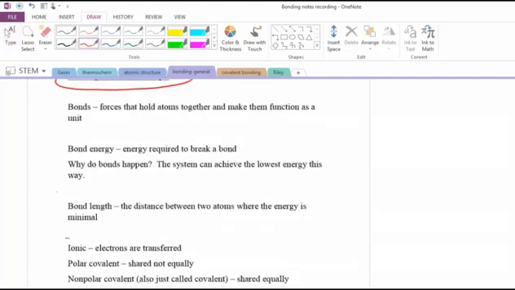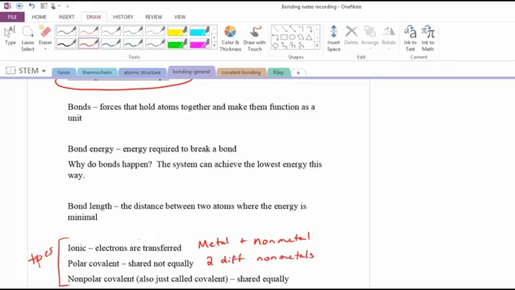So what type of bonds can we have? We can have ionic, where electrons are transferred, which is typically metal and nonmetal. Polar covalent, two different nonmetals.